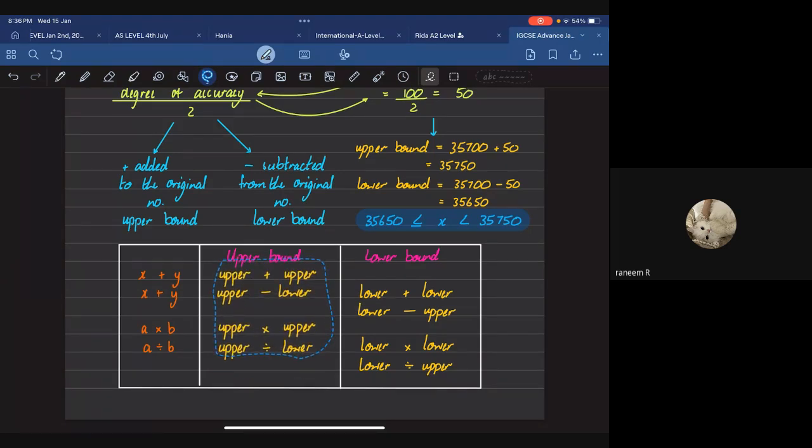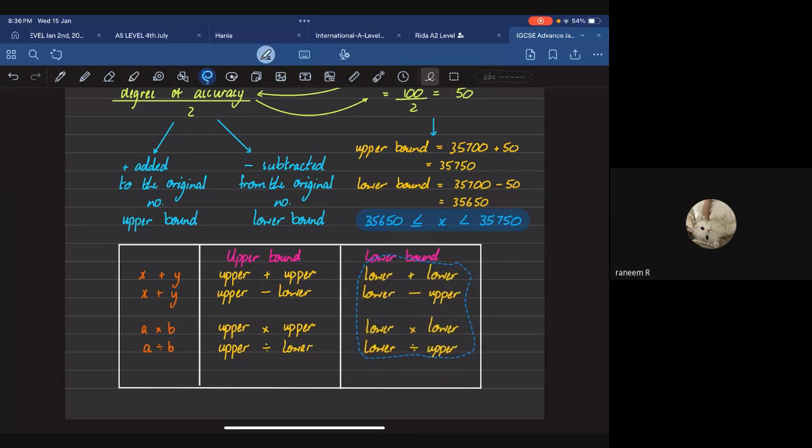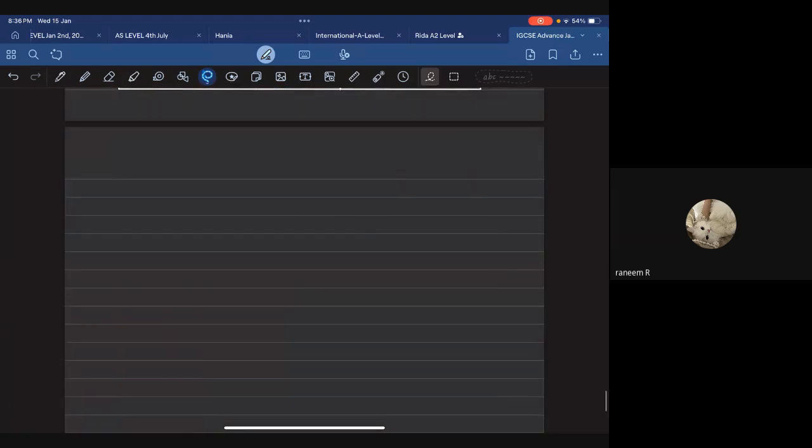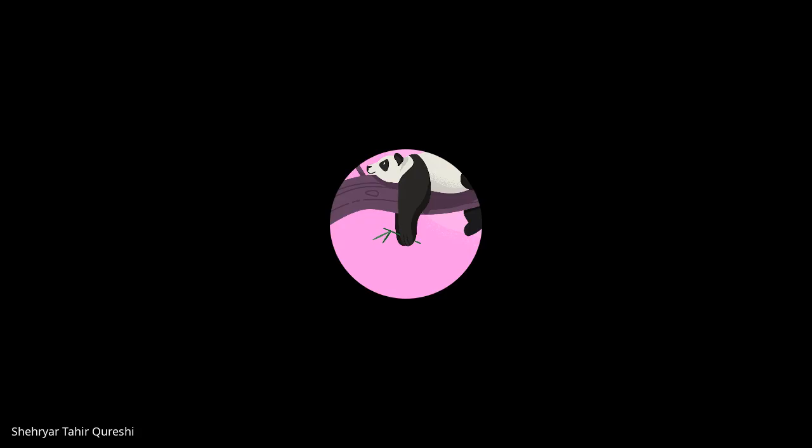Now we're going to move on and see a question. Questions regarding upper and lower bounds are not that hard. Let me try and take out a past paper question. Your level of accuracy needs to be judged first, however accurate you are, you need to judge that first.